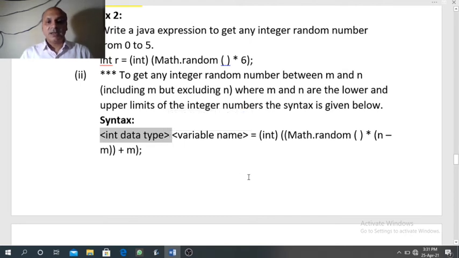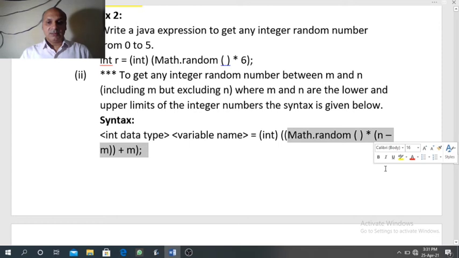Integer data type variable, typecasting int, here in brackets Math.random() * (n - m). n is the upper limit, m is the lower limit.